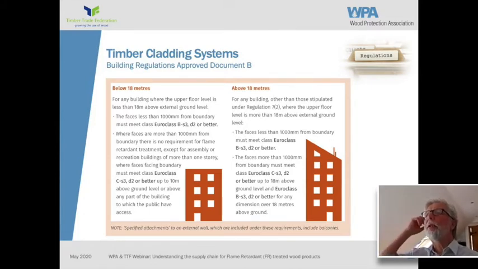And then above 18 meters, same thing, closer than a meter from the boundary, Euroclass B, and then the rest of the facing would normally be Euroclass C. So that hasn't changed, but for what they're classing as the relevant buildings, then obviously it has been a major change.